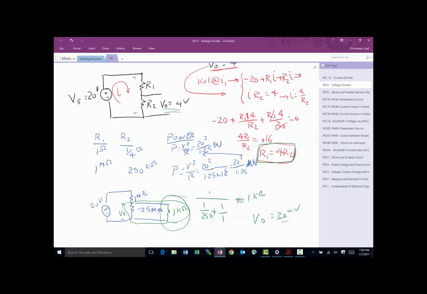Usually you have to trade off, and find the optimum place where you can have both the right power consumption, so your battery or your power cost will not go too high, and also the V out doesn't change too much when you load it with a new resistor. So that brings us to the end of the voltage divider video.